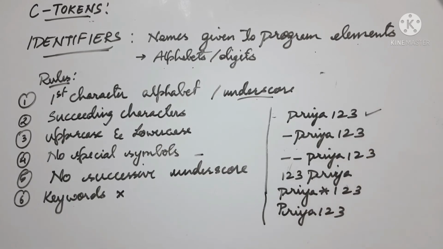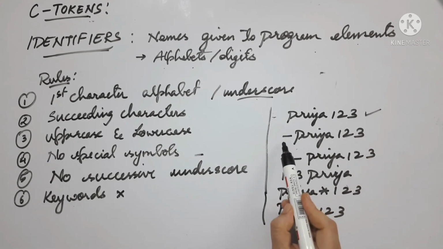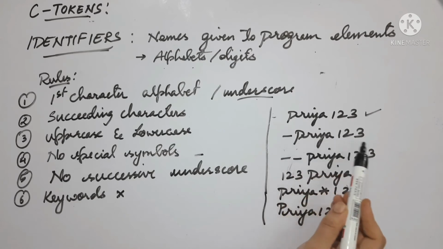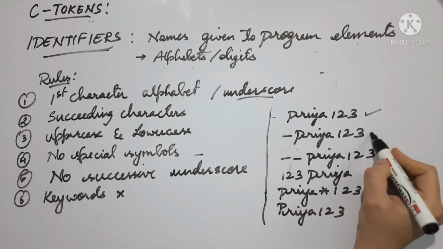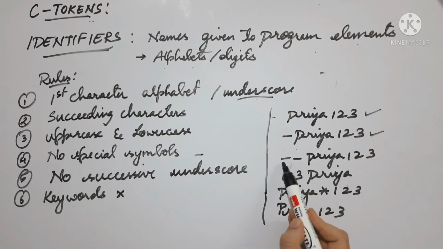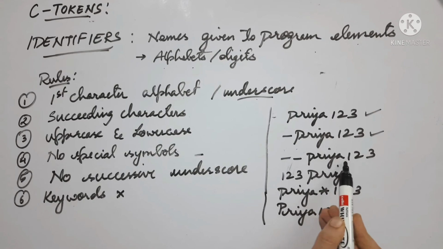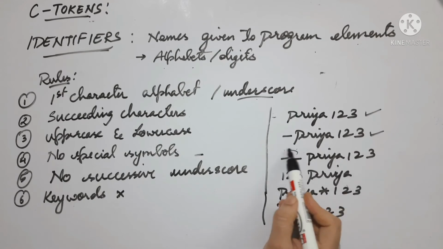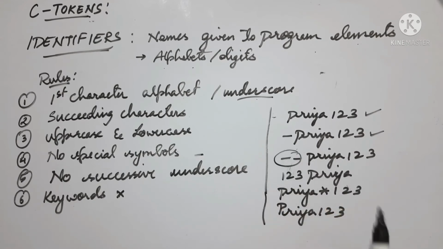So this is an identifier. Next example. Initially we have an underscore and then alphabets and digits. So this is also an identifier. Third example. We have 2 successive underscores and then Priya123. This is not allowed because it is violating our rules. So this is not an identifier.